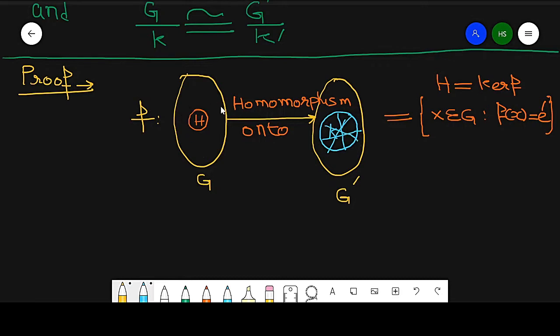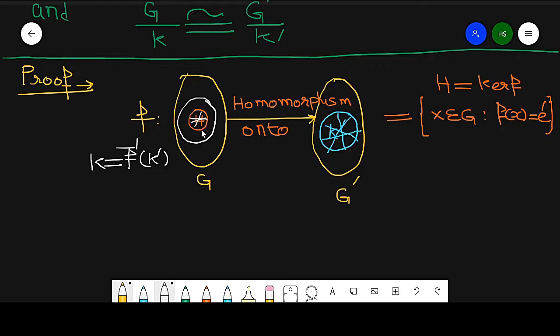Then its inverse image is, number one, a normal subgroup of G, and number two, it contains H. So f inverse of K dash, which is written as K, is again a normal subgroup of group G, and it contains H.